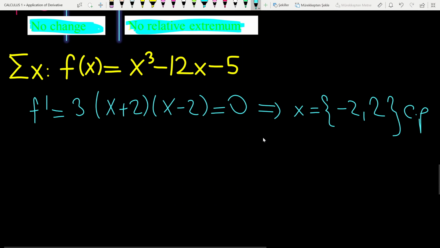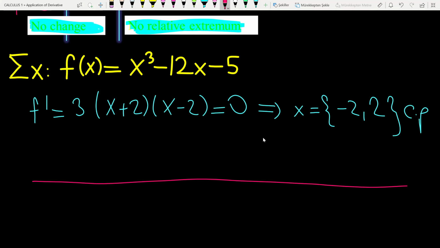So let's find the sign of f prime. Let's have this point. This is the point -2. This is the point 2, and I need to find the sign of f prime in these intervals, right?